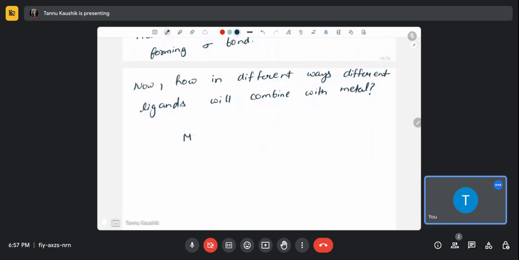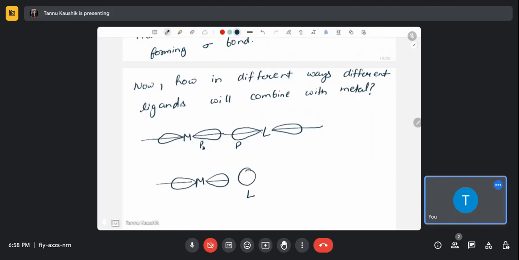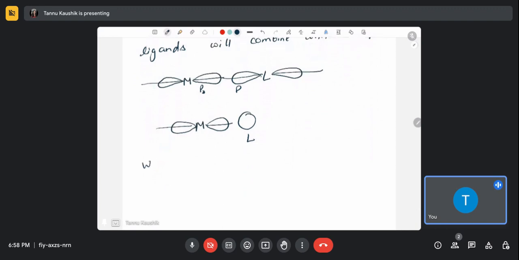If p orbitals are overlapping, or if the s orbital of the ligand is overlapping with the metal, here we will be considering only the half lobe of both p and s orbital.